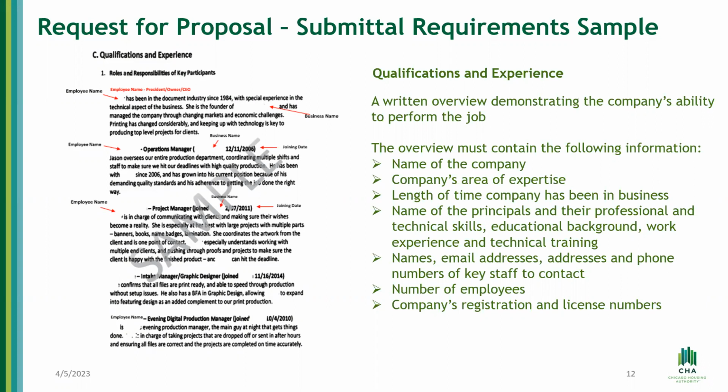The overview must contain the name of the company, the company's area of expertise, length of time the company has been in business, names of the principals and their professional and technical skills, educational background, work experience and technical trainings, names, email addresses and phone numbers of the key staff to contact, number of employees, including you, and company registration and license numbers.